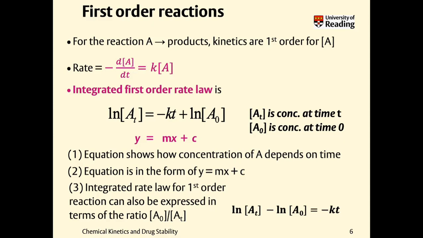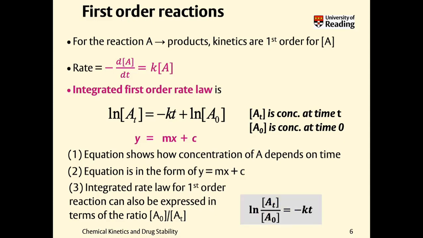Now our log rules that you may know from your maths classes mean that if we take away two logs, we actually have a ratio there. That is the same as the natural log of At over A naught.